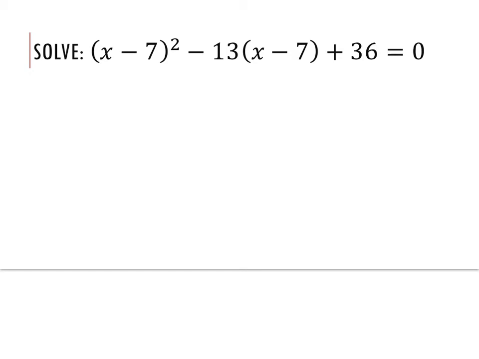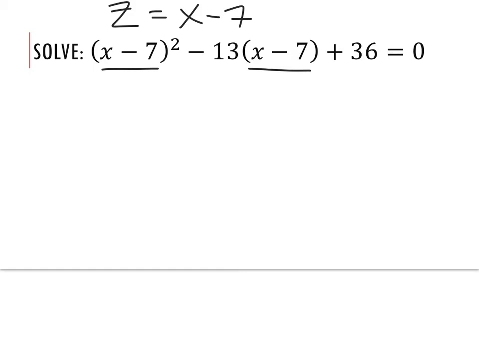Now I see that I have this and this, and they're kind of in the way. They're making things really difficult. So what we do is we use the letter z, and we're going to let z equal x minus 7. So every time you see an x minus 7, you're going to write z instead.